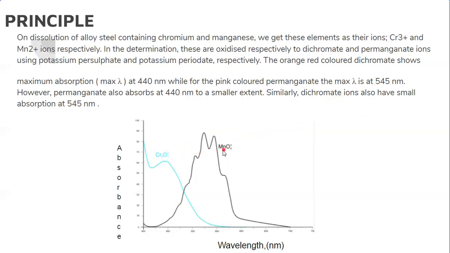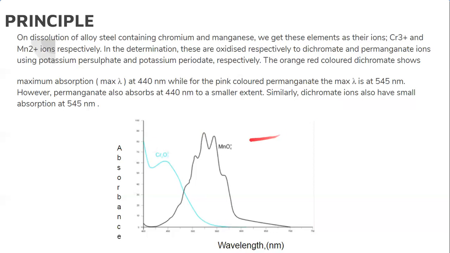So this manganese Mn plus 7 ion shows the absorbance maximum at 545, and it also shows some absorbance at 440 nanometers. Accordingly, the chromium Cr plus 6 shows the maximum absorbance at 440 nanometers and some absorption at 545.